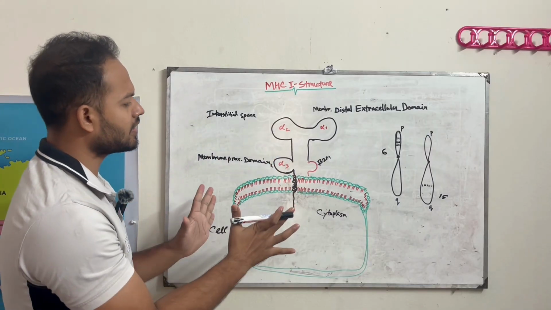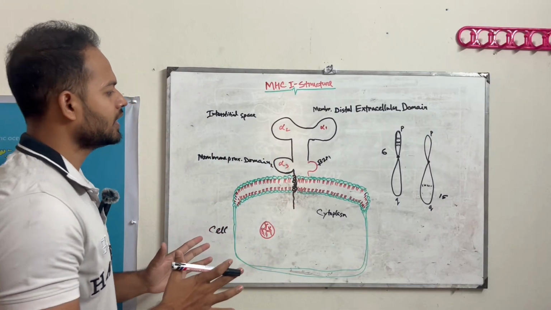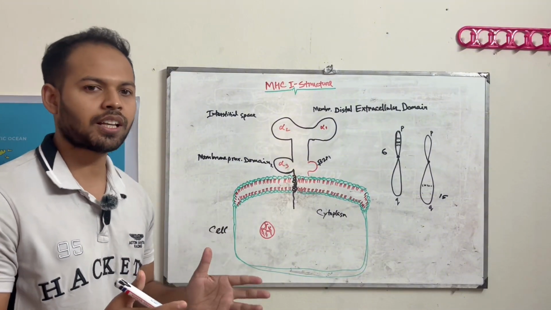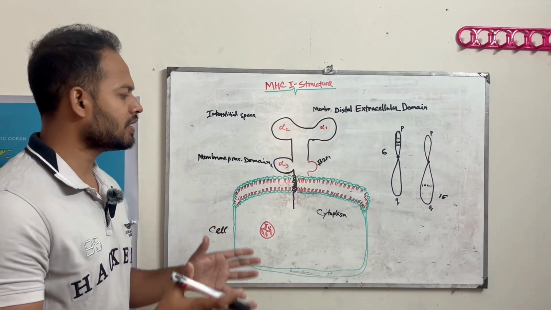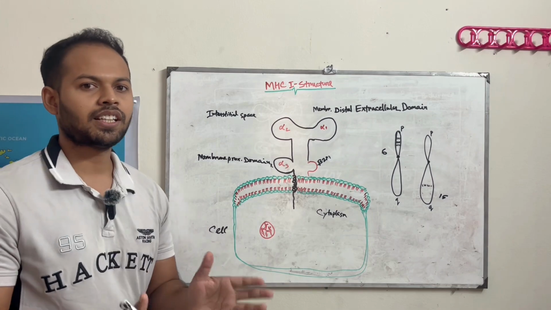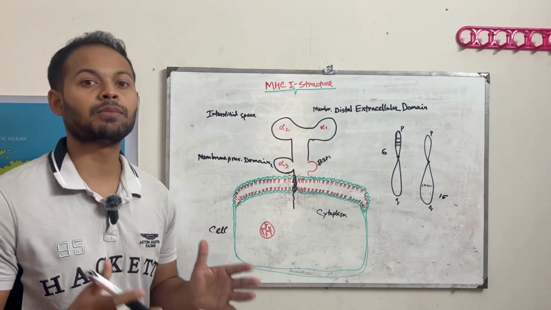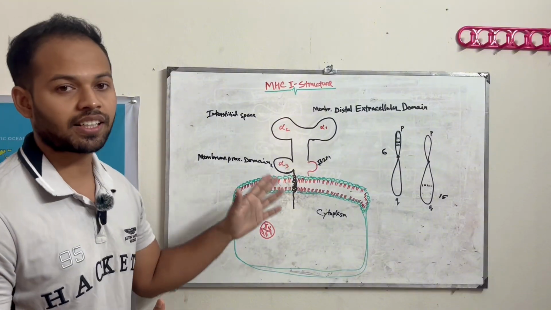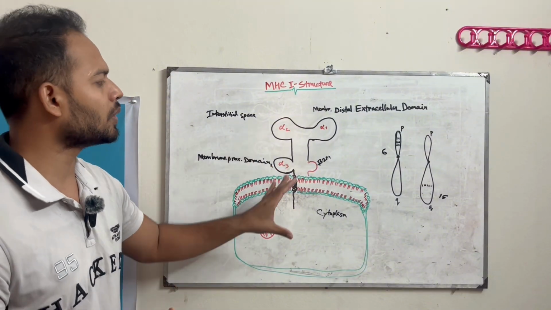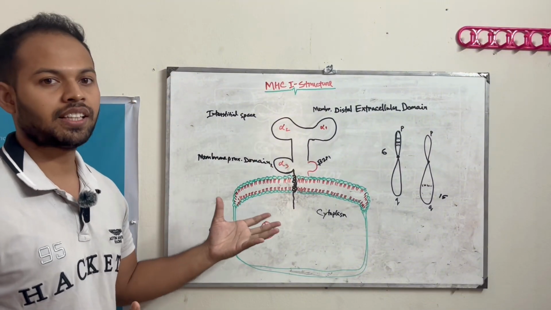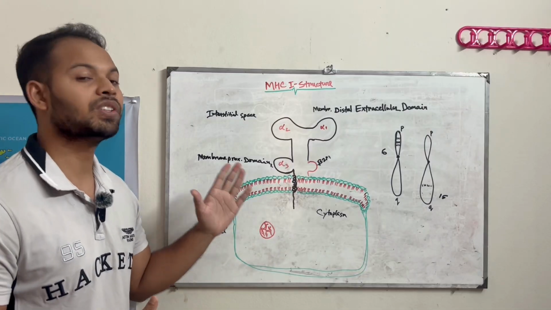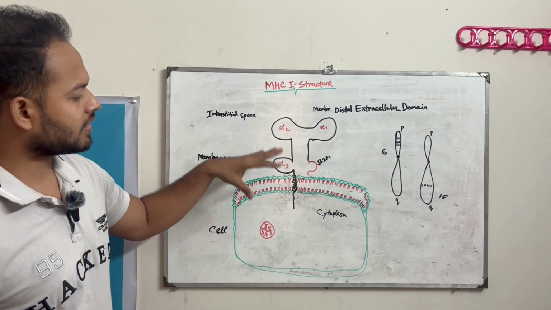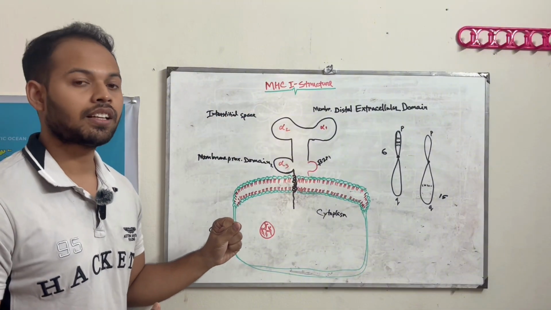The whole structure is mainly responsible for the identification and distinction between self and non-self antigens, which are synthesized in our cell and known as endogenous molecules. If anything goes wrong, our immune system, like NK cells, if they don't find MHC class 1 molecules outside of our cell, may think this cell is infected or something went wrong inside the cell. At that time those NK cells kill our own cells.